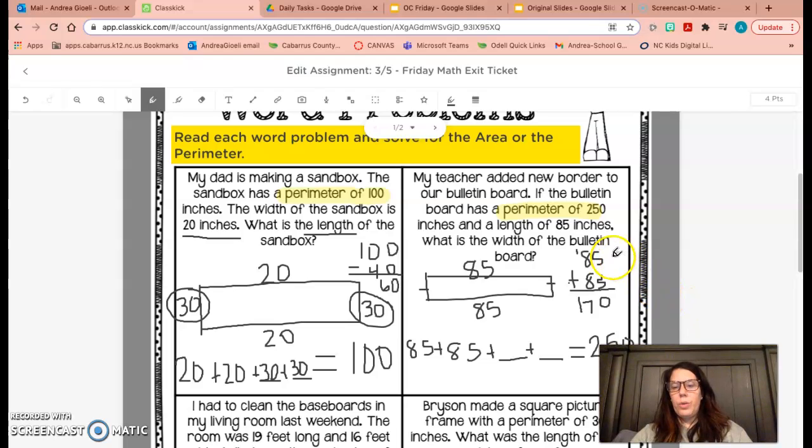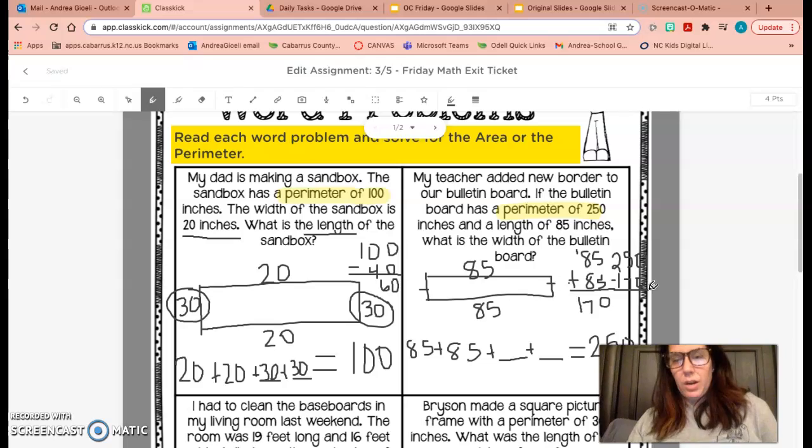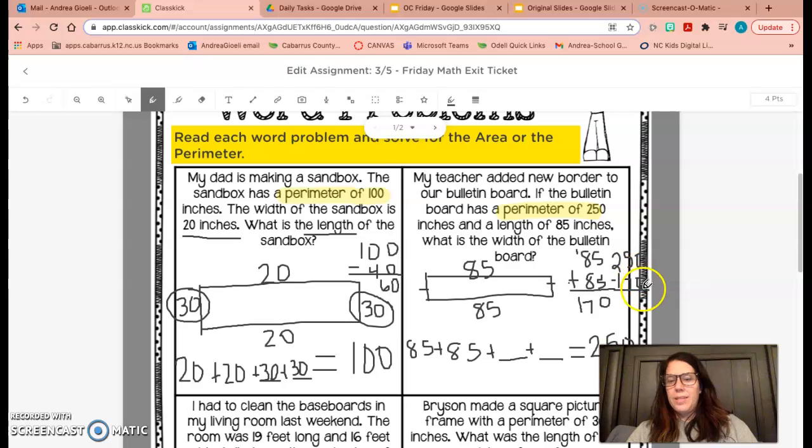So I'm going to take my 250 and subtract my 170. Now you may use this on a whiteboard if you need to, because these are kind of small spaces for us to work in. So we're going to have 0 minus 0 is 0. 5 take away 7, we can't do. So we're going to come over here and regroup. We're going to take 100 and add that 100 over here to make 15 tens. And 15 minus 10 is 80.